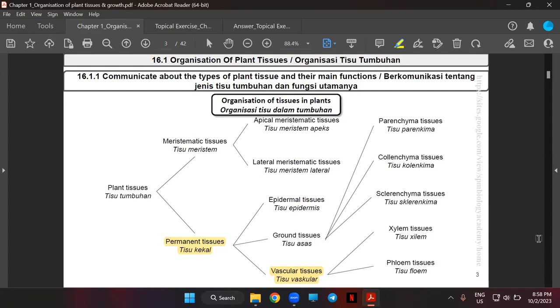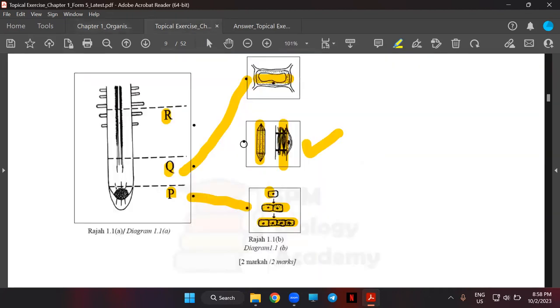Bila kita bercakap pasal tisu kekal, dia sudah jadi permanent tissue sebab sudah habis differentiation. Dia telah melakukan differentiation and become permanent tissue. Dia telah menjalankan pembezaan. Jadi, ini berada di zone of cell differentiation. Zon pembezaan sel. So, itu jawapan. Ini jawapan dia. Kita kena gariskan. This is the answer.